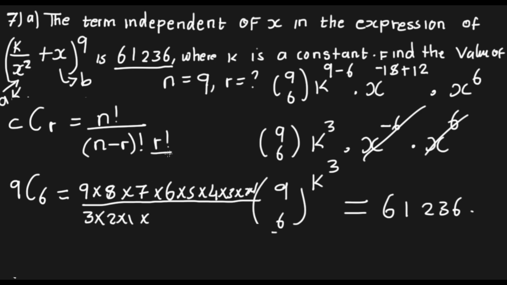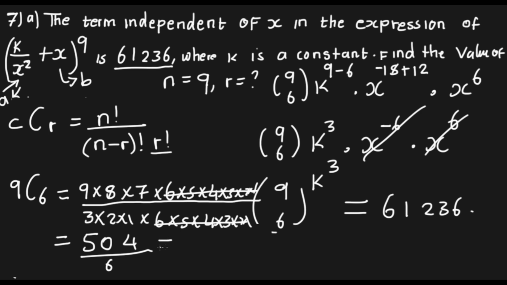Then here, our r is 6, so 6 factorial is 6 times 5 times 4 times 3 times 2 times 1. So I can cancel these numbers. On top I have 9 multiplied by 8 times 7, so I'm getting 504 divided by 6, getting 84.